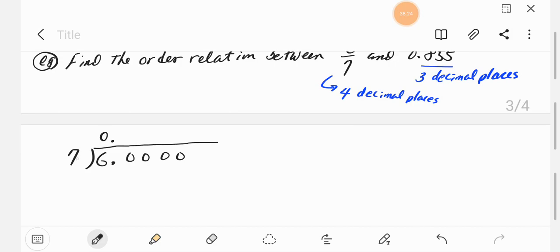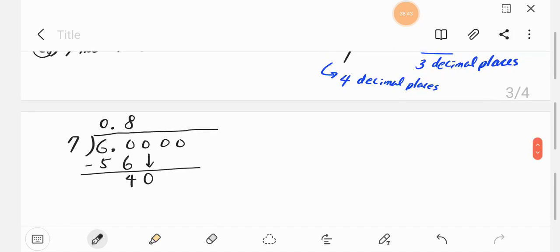So 7 goes, so 8. We need 8 to fit into 60, right? That is 56. And then subtract 4 zeros. Okay, then we need 5, right? That is 35. Subtract.